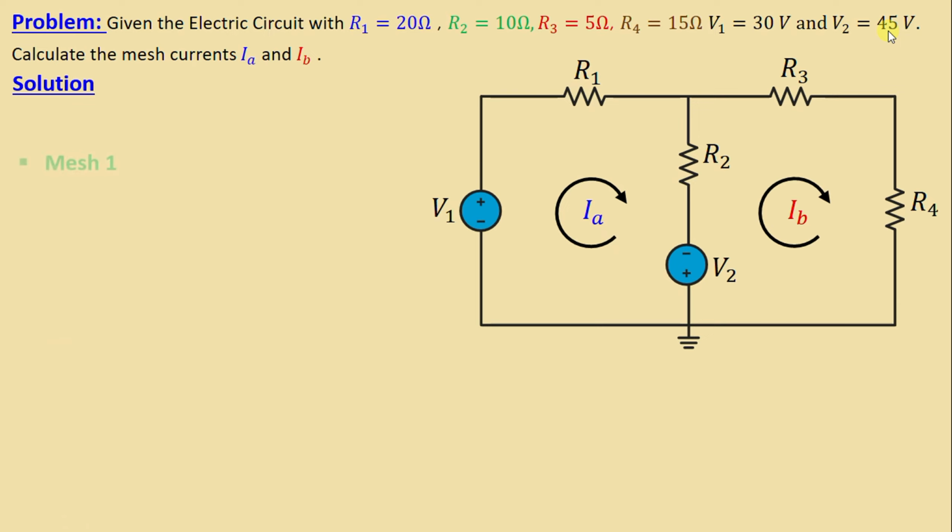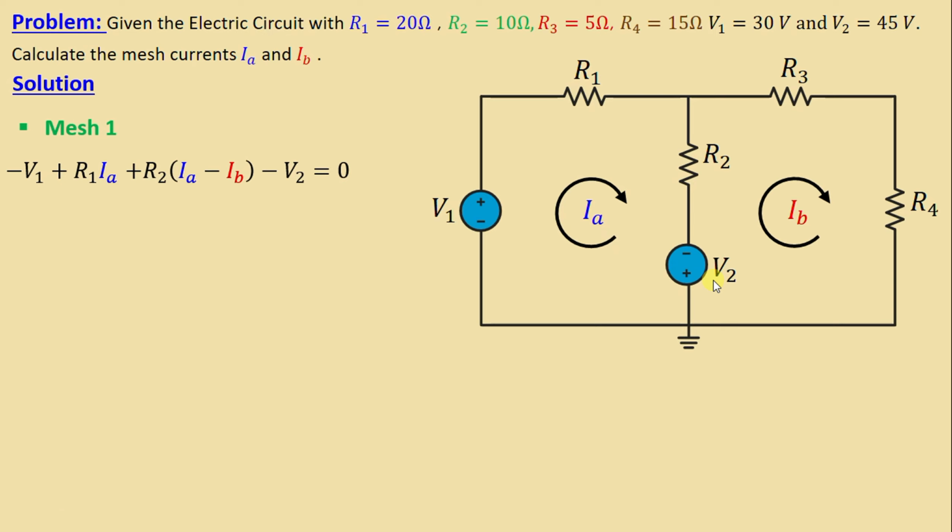Let's start first with mesh 1. By applying Kirchhoff's voltage law in mesh 1, we obtain negative V1 plus R1 IA plus R2 (IA minus IB) minus V2 is equal to 0.